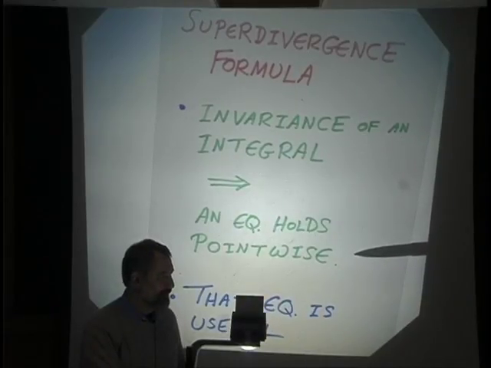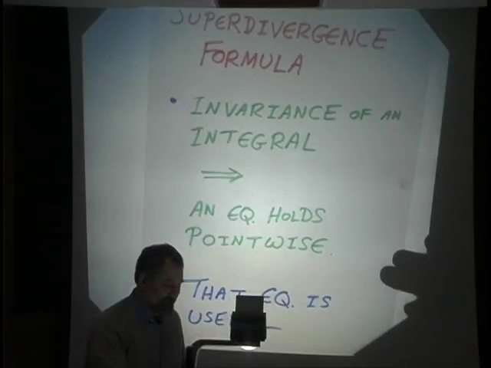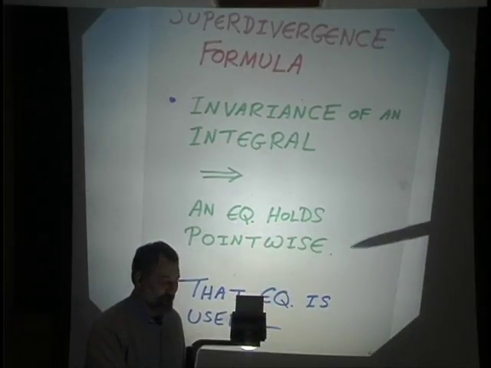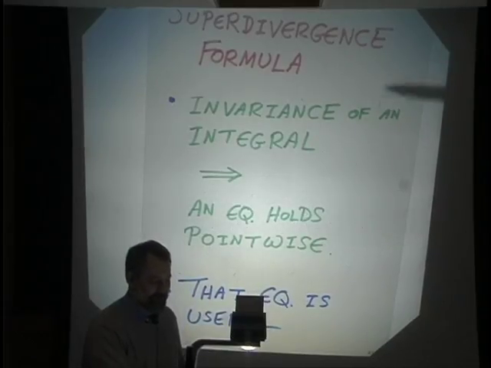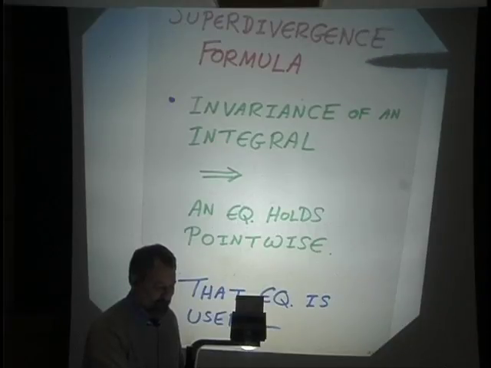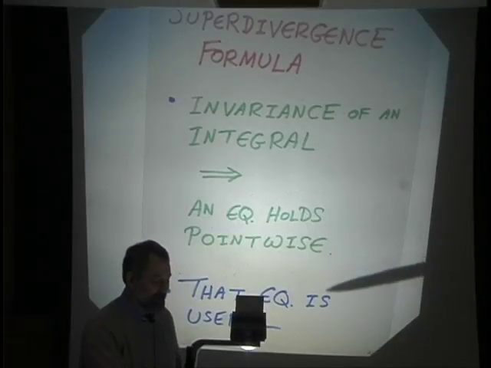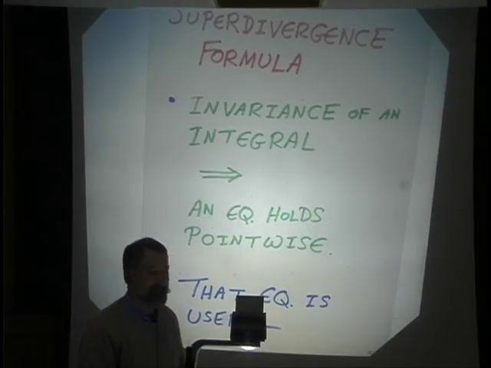Now we'll see in a minute that it's all but trivial to show that an equation holds pointwise, but that equation is useless. The big deal about the superdivergence formula is that if an integral is invariant under conformal deformations, then an equation holds pointwise, and that equation is useful.